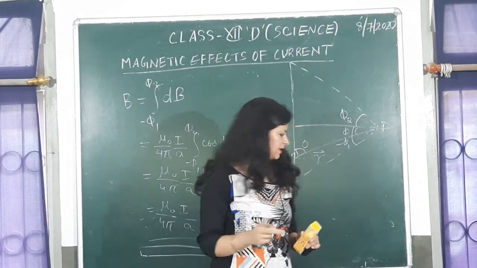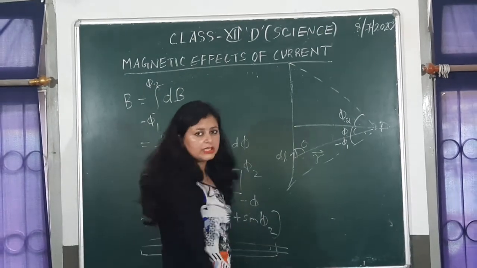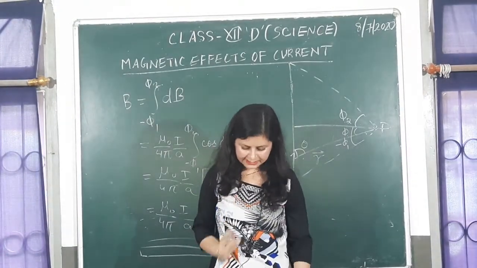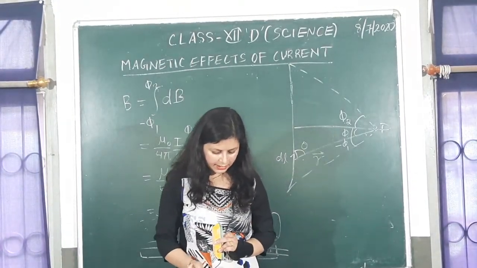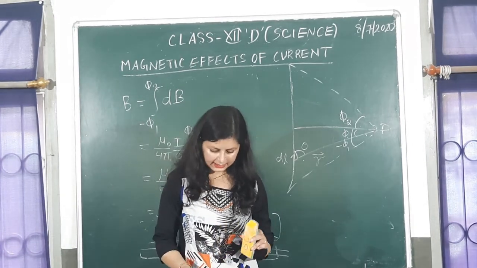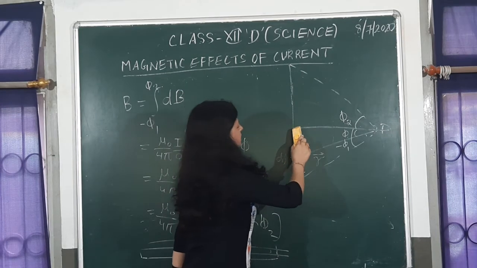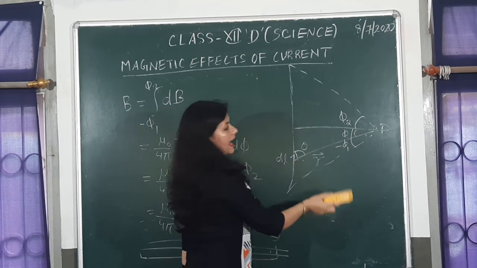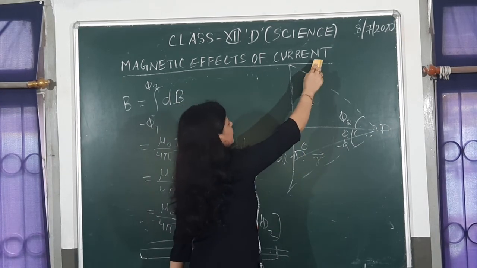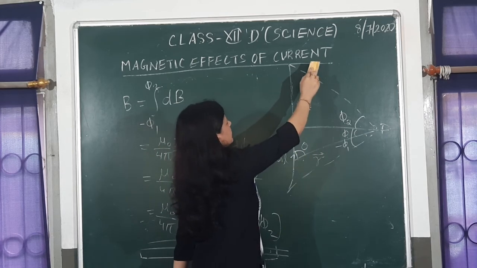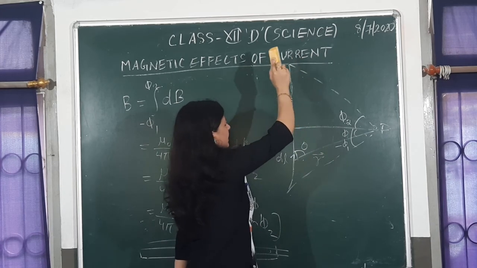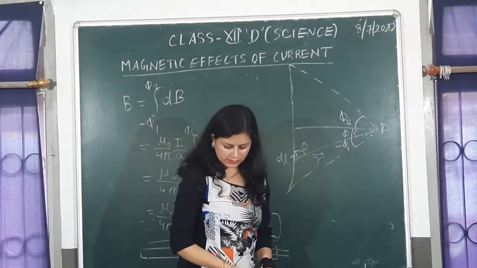Find the expression yourself. And if the conductor is of infinite length again and P lies near the end, the first case was P lying somewhere here, and the second case is P lying either here or here. So in this case, one of these angles will be equal to 90 degrees and the other one will be equal to 0 degrees.